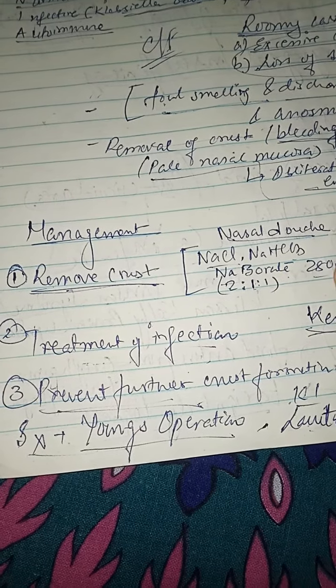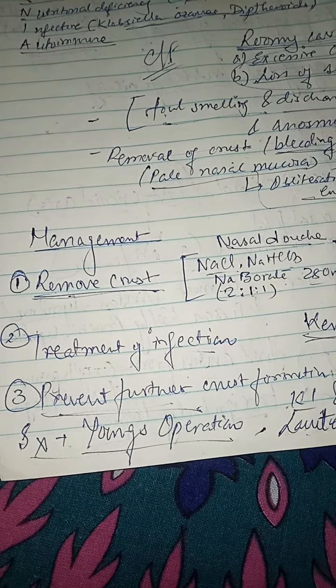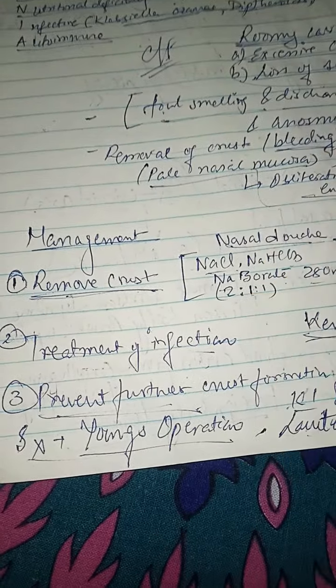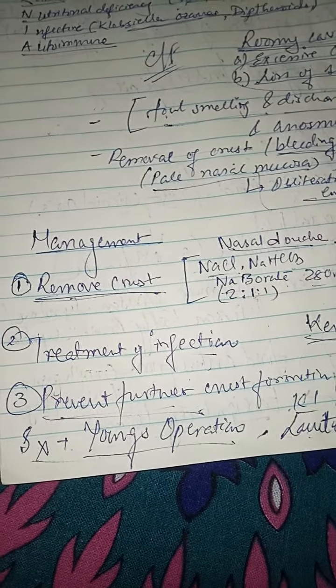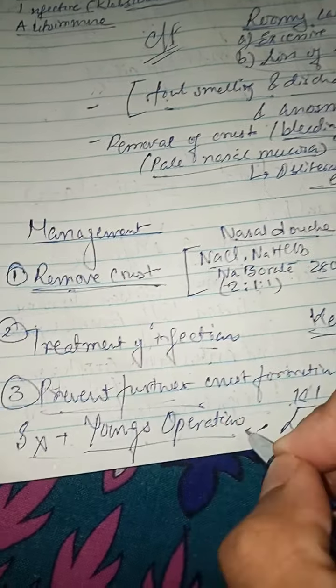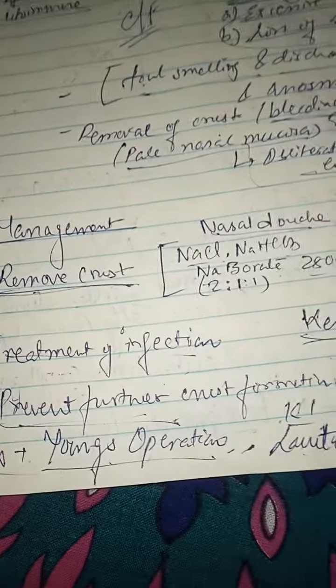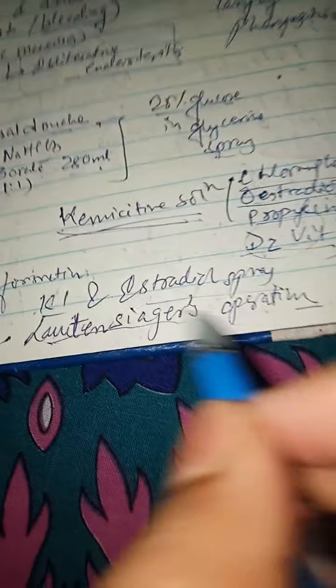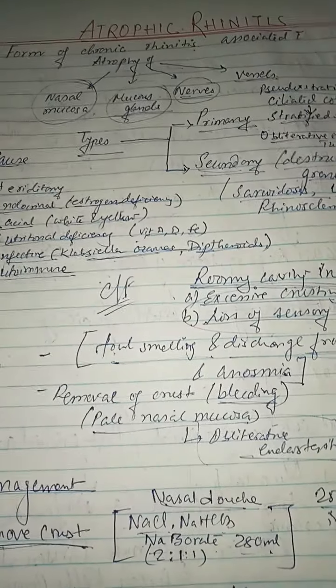So a 3 millimeter gap is made inside that sutured flap. This is known as modified Young's operation, and also we can do Lautenslager's operation. So this is all about atrophic rhinitis.